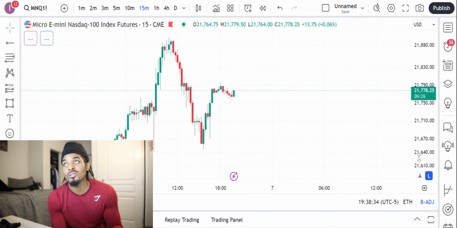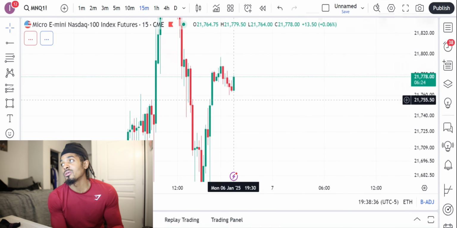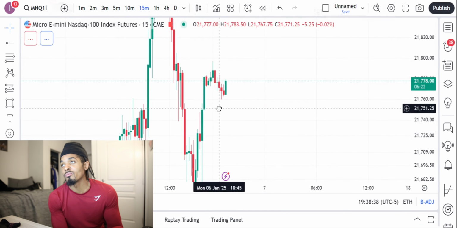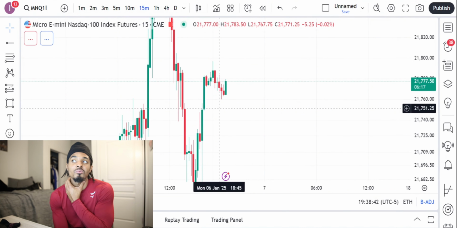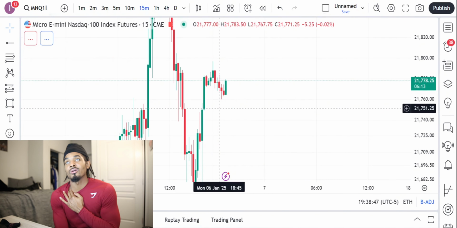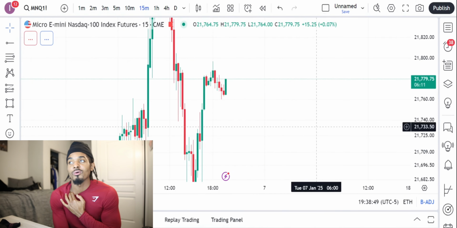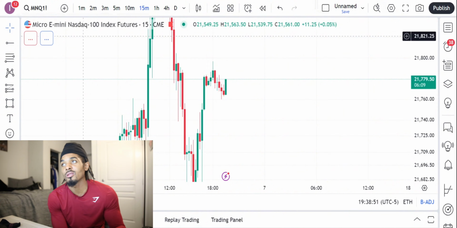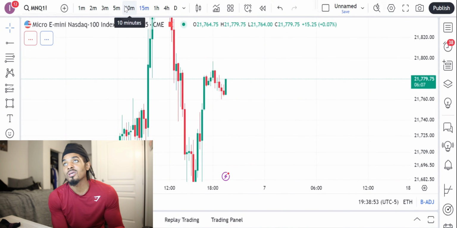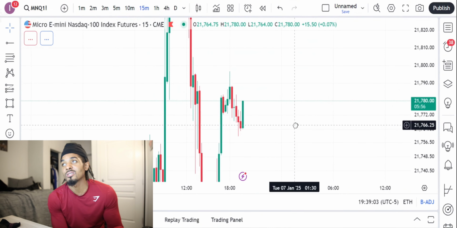But taking trades on the 15 minute, you're leaving yourself a lot of room for retracements, a lot of room to lose, because on a move on the 15 minute, your stop loss is going to be pretty far away and you're going to be risking a lot more. And yeah, I say the best ones to look at are anywhere from the 1 minute to the 5 minute. And you use the 10, 15, and hourly, 4 hour, daily for confluence in the direction that you're looking to go.